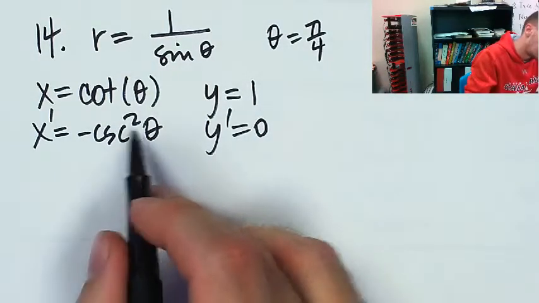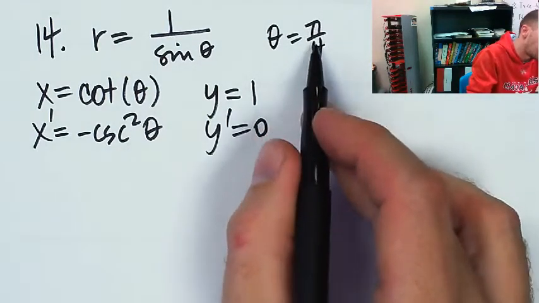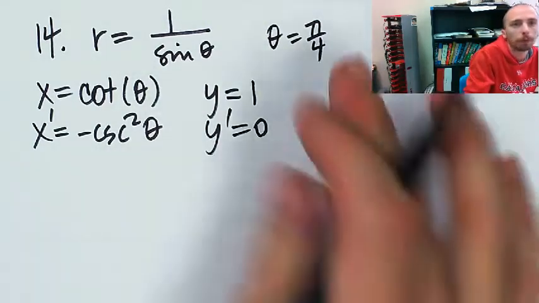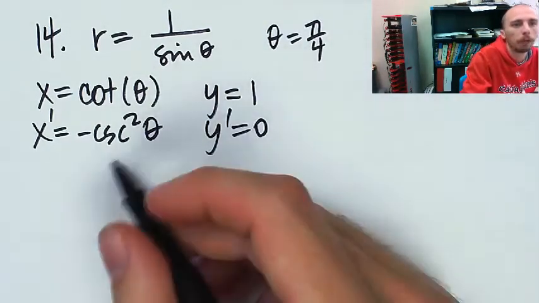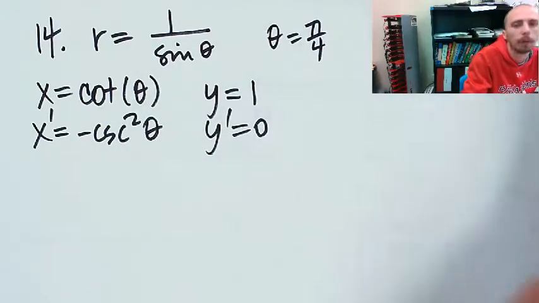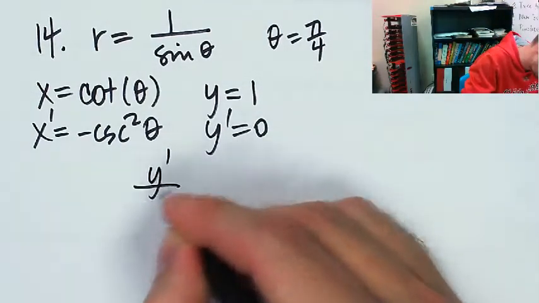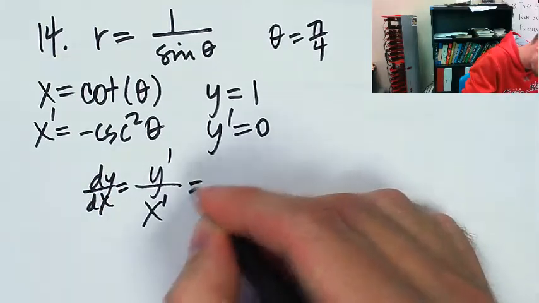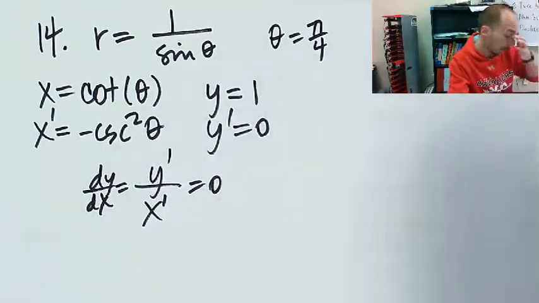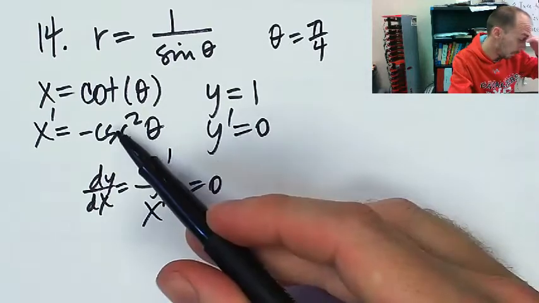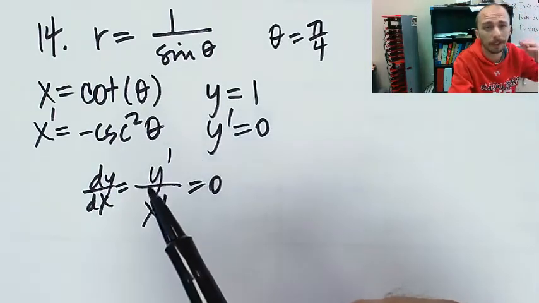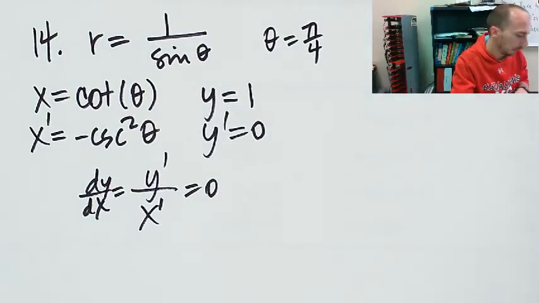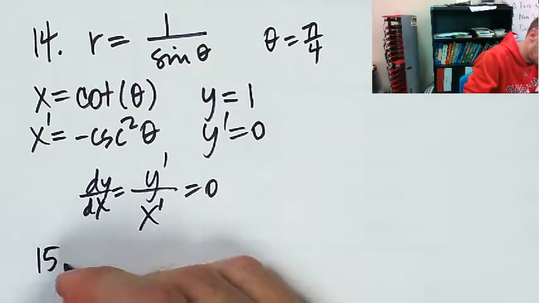But okay, x prime is non-zero at theta equals pi over 4 because sine of pi over 4 is not 0, and so negative 1 over sine of pi over 4 squared will be non-zero, and so y prime over x prime will equal 0. And the places where x prime is 0 are, I think, going to be the places where there's a hole in the graph anyway. Okay. That's nice. It's a little better.